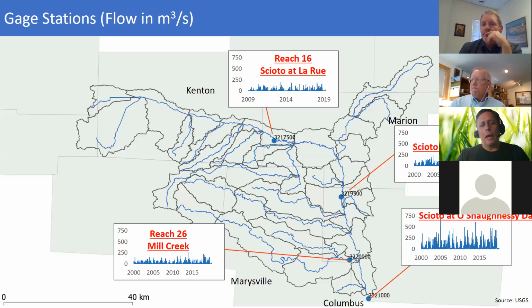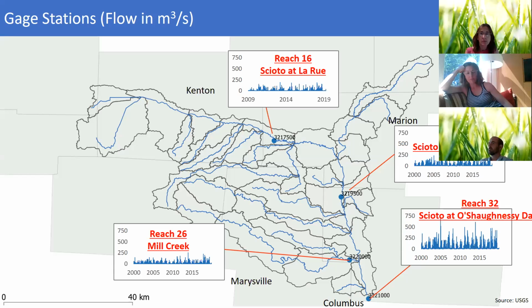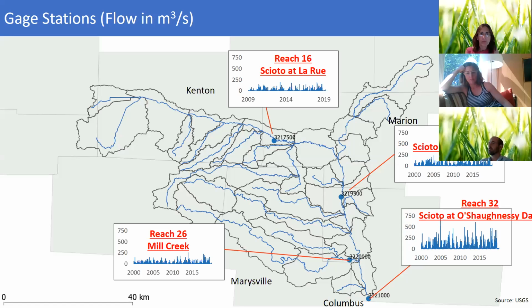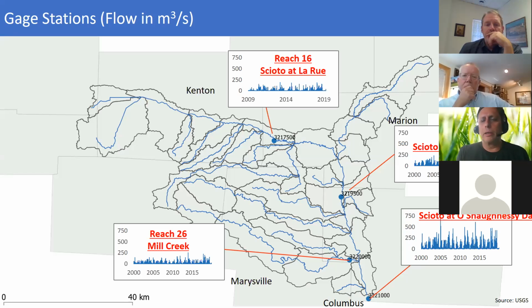Okay, so as I mentioned, once we have the model set up, the next thing is to see how well the model predicts things. We have 4 USGS gauge stations. One of them is at LaRue. Another is by Ottawa Creek. Instead of the big number, I call them Reach 16, 22, and 26, which will be Mill Creek.